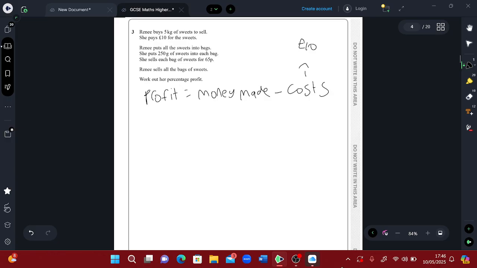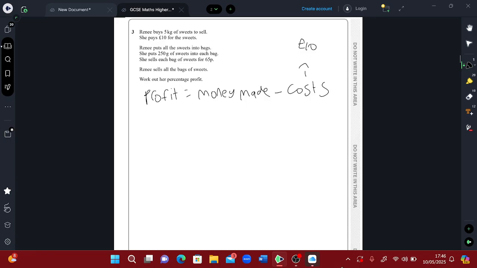Okay, but here it's telling us the information per bag. So I think what we're gonna need to work out is how many bags she sold. But it tells us some information here. 5 kilograms of sweets to sell. But we also know she pays £10 for the sweets.